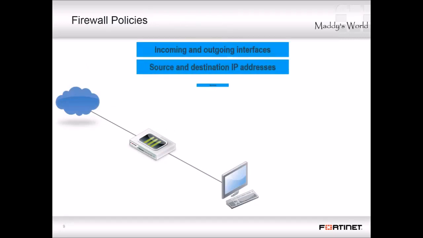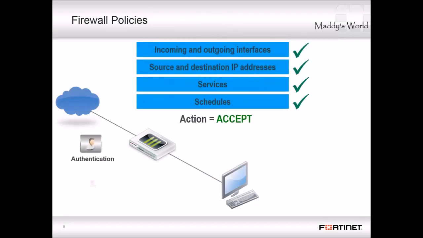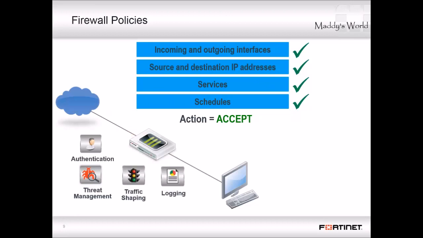When a packet arrives on an interface, the FortiGate unit analyzes it and checks its routing table in order to see where the packet should be sent. Assuming that it's a routable packet, it then looks at the firewall policies to see if there is a match. It examines the source and destination IPs, the port, and the time in order to find a policy match.